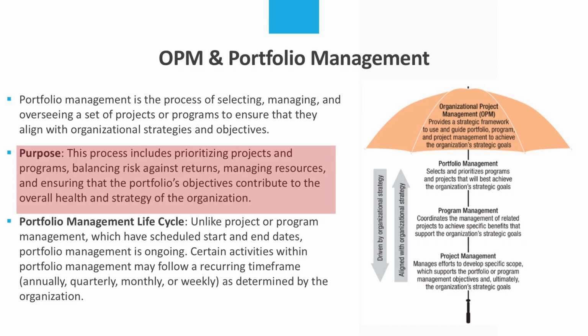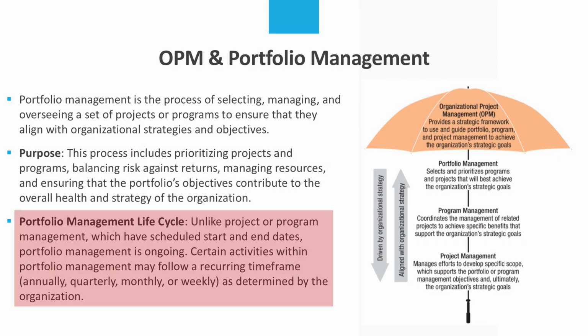At the portfolio level, the focus is on decision-making, deciding what to invest in, what to prioritize, how to balance value and risk, and how to allocate limited resources across all portfolio components. Unlike projects or programs, portfolio management doesn't have a fixed start or end. It's an ongoing activity that continuously adapts as strategy, priorities, and business conditions change.